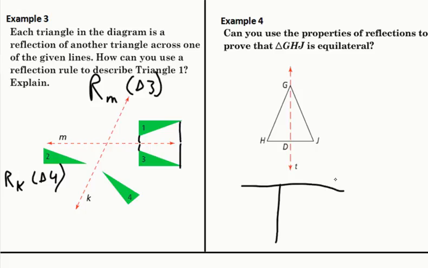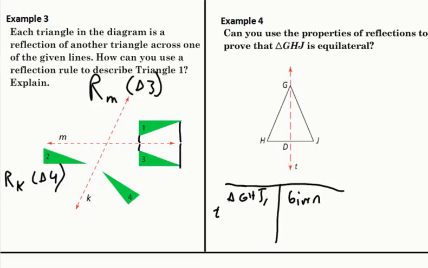We're given triangle GHJ and line T. I'm guessing that's an angle and a perpendicular bisector. It doesn't really tell us right there, but we know that that's the line of reflection. So that's our given, we're going to say.